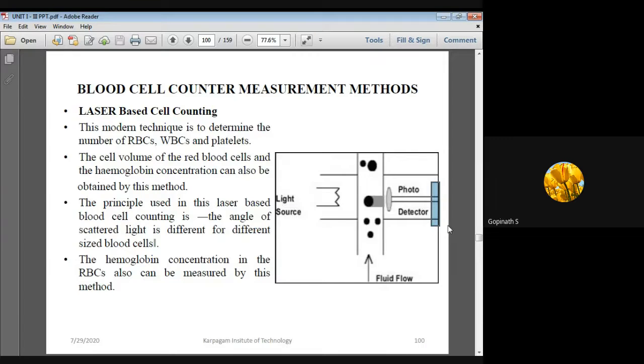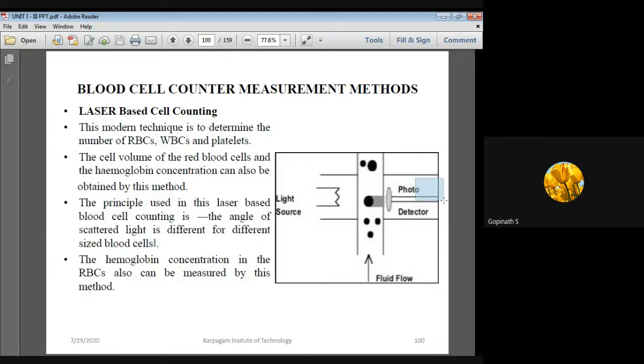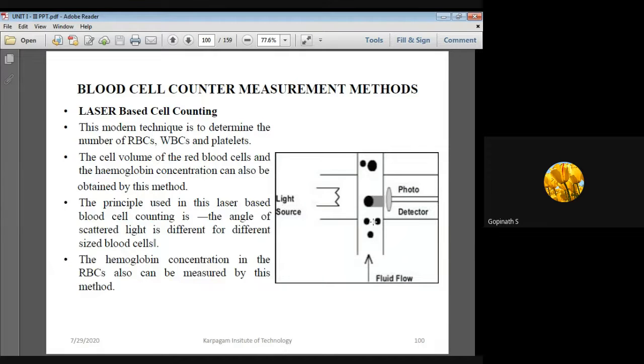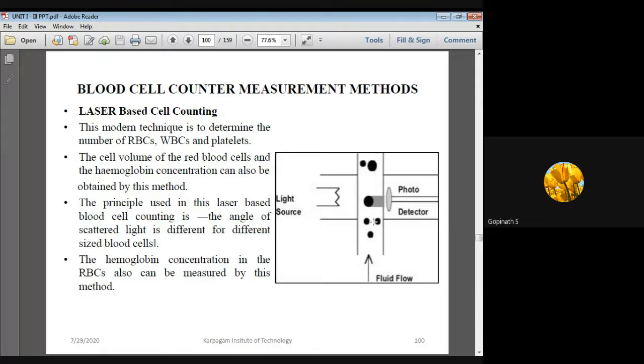First, we will measure only the RBC and the platelets. While passing the rays, a lysing agent is present. This lysing agent will totally destroy the RBC. Once the RBC is gone, the remaining cell, the WBC, will be there, and in that case we can measure the WBC count.